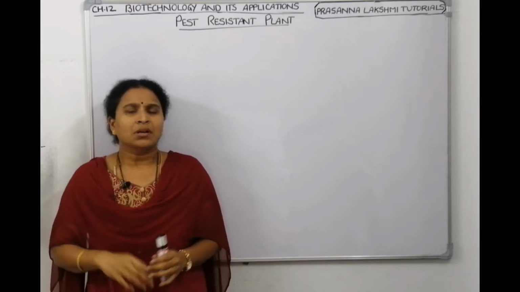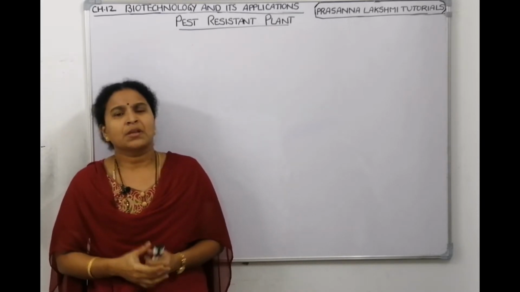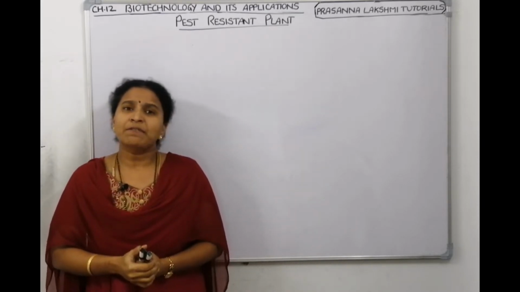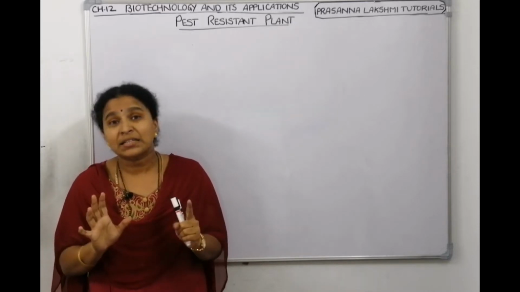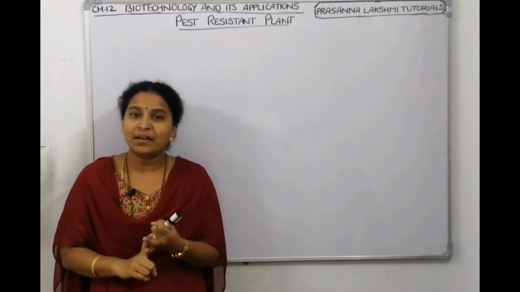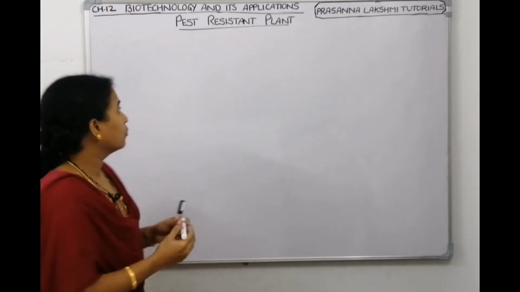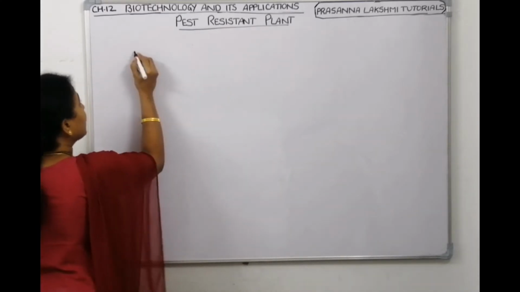Roundworms are not new for us. Several nematodes we know. They are parasites for plants, for animals, and for humans also. So point by point we will go with NCERT.